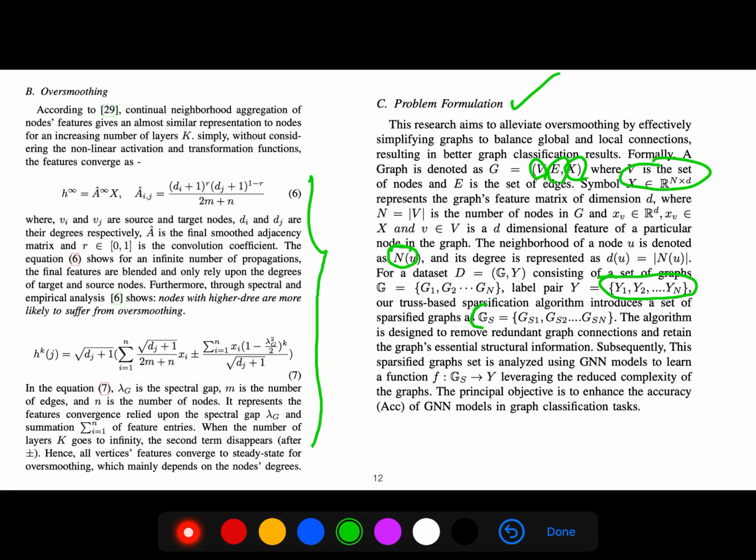Now these are the sparsified graphs corresponding to this. And this algorithm is designed to remove redundant graph connections and retain the graph's essential structural information. So they want to remove some connections to see if they can still predict the appropriate labels of each graph.